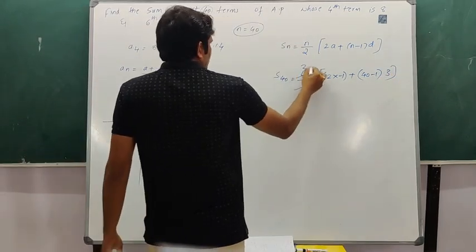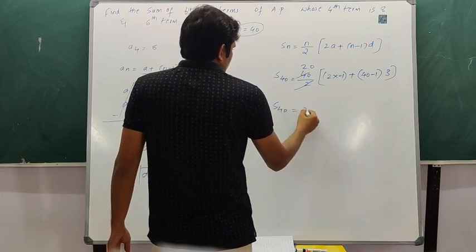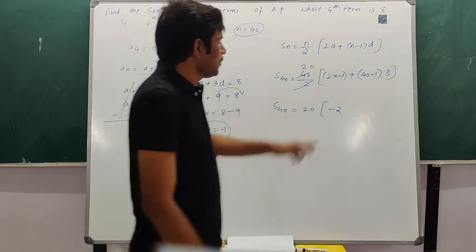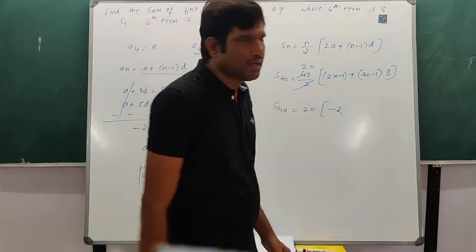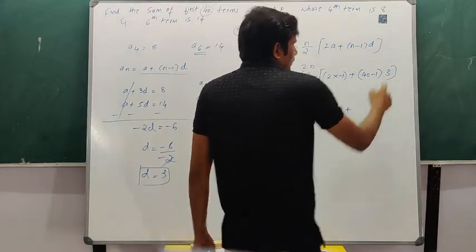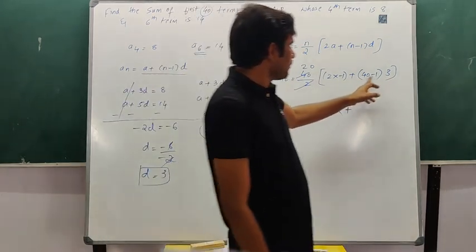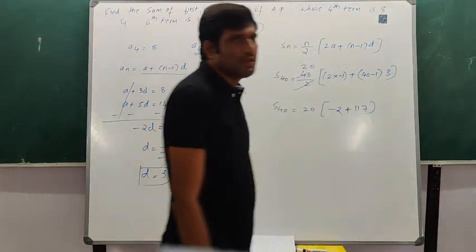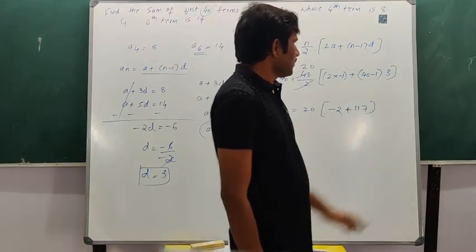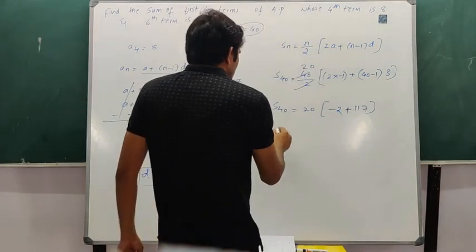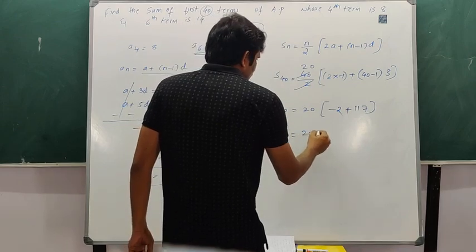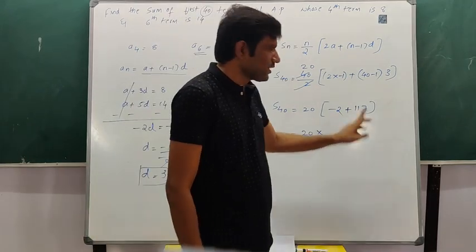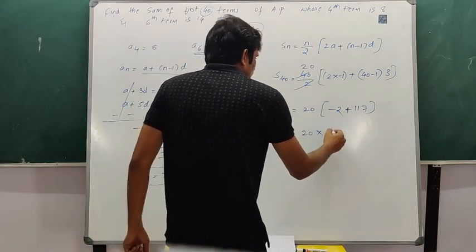So S40 is equal to 20 into bracket 2 into minus 1 is minus 2, plus 40 minus 1, that is 39, into 3. 39 into 3 is 117. So S40 is equal to 20 into 117 minus 2, that is minus 2 plus 117, which is 115.